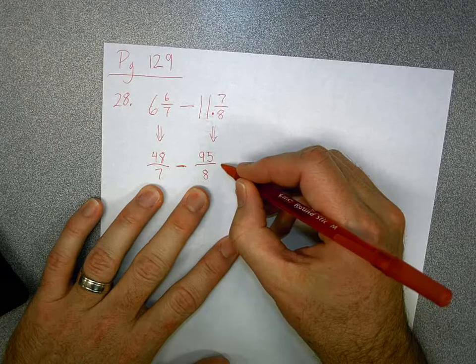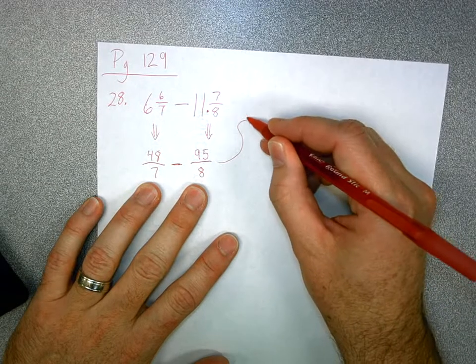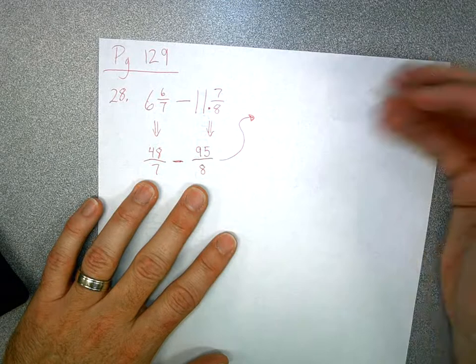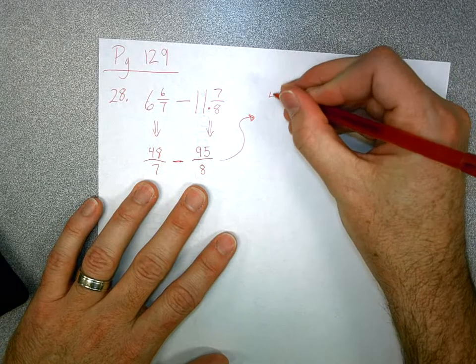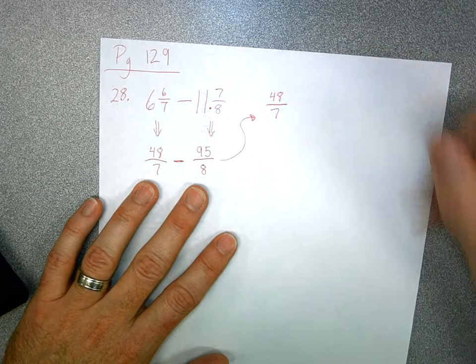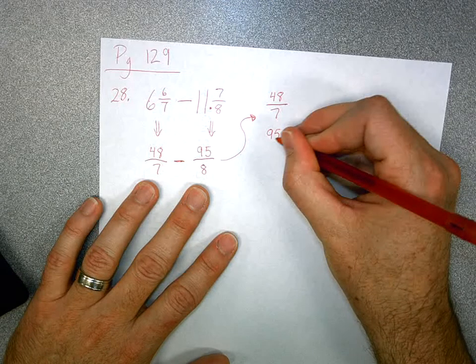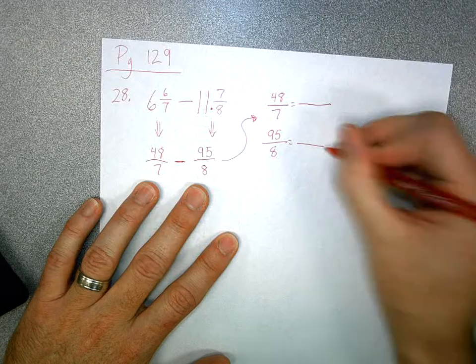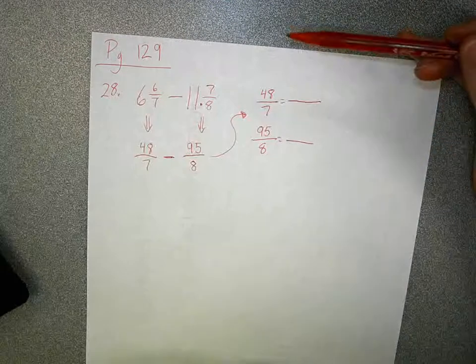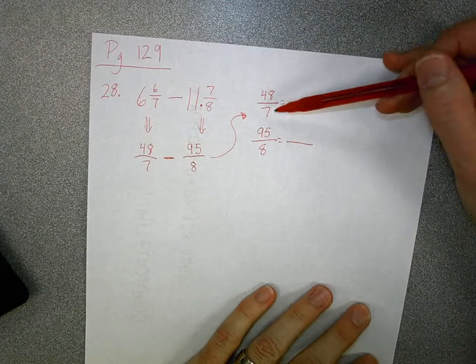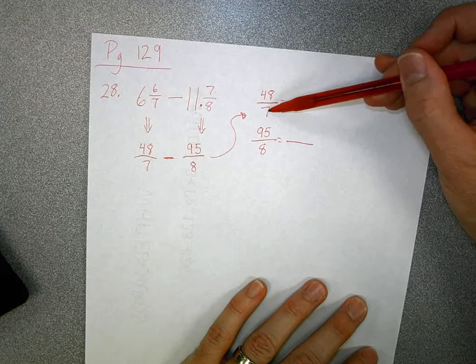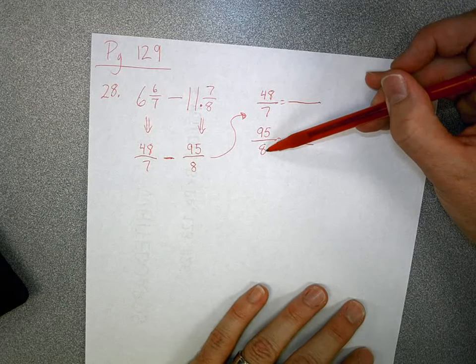So here we go. Like any other time we're dealing with subtracting or even adding fractions with unlike denominators, just thinking ahead, we're going to go ahead and stack one on top of the other. Just organizing our work this way allows us to find those common denominators. Now, for the sake of doing this, I can't divide 7 into 8 evenly to get a common denominator.